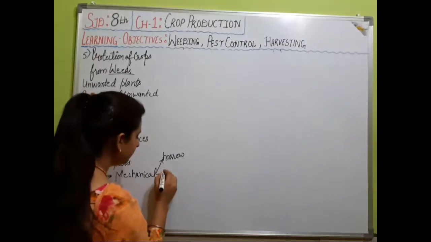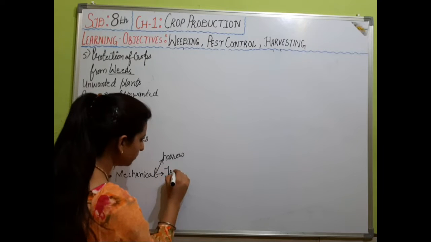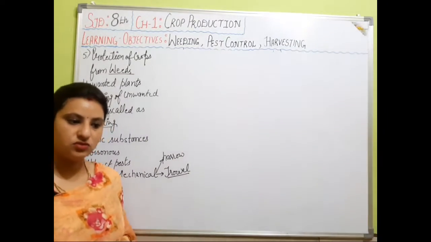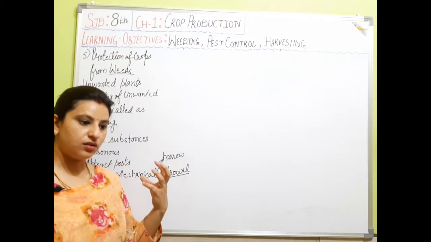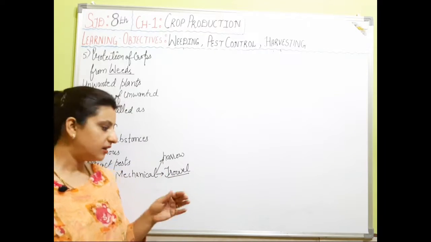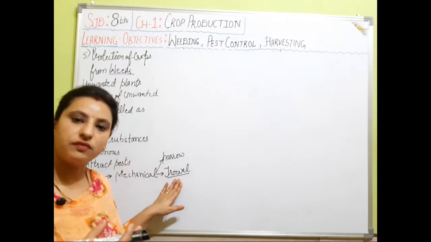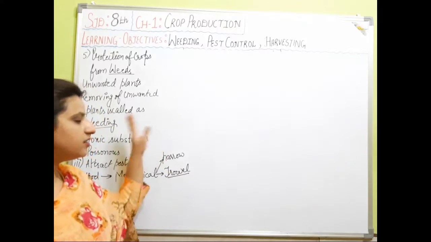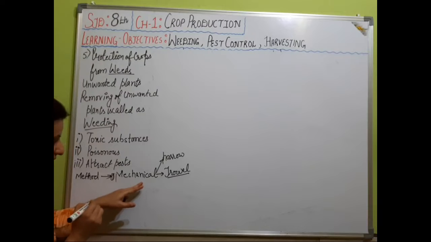The second implement is the trowel, also called khurpi. When the crop is standing, matured up before ripening, we use the trowel to uproot all the weeds from the crop plants, because these weeds are the unwanted plants. This was the mechanical method.